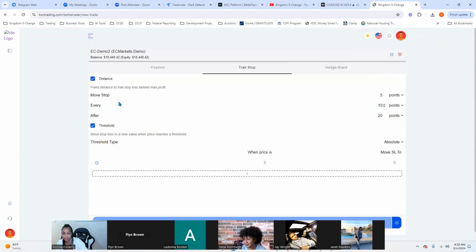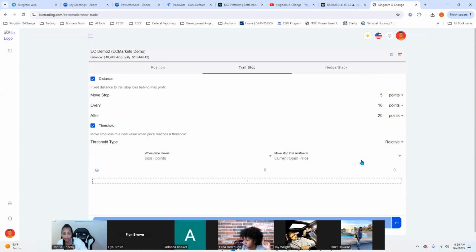You also can create based on threshold. That could be based on absolute, which is an actual price, or you could do relative to something else. This is how you could put in a break even. When the price moves 5 points in profit, move it up 1 point.